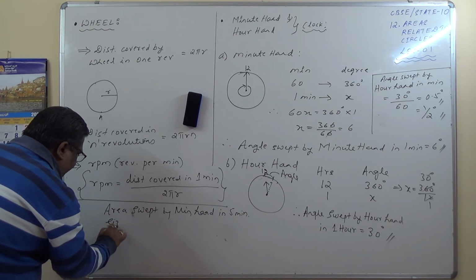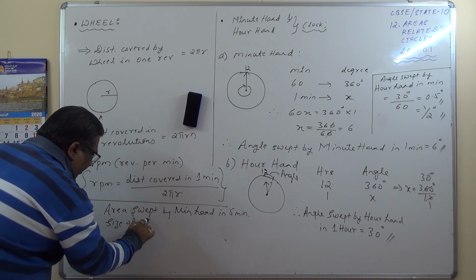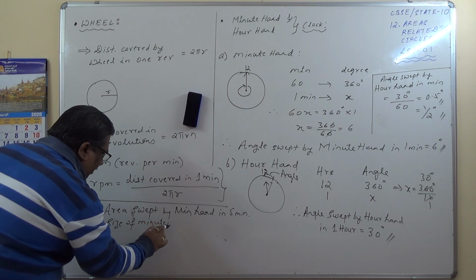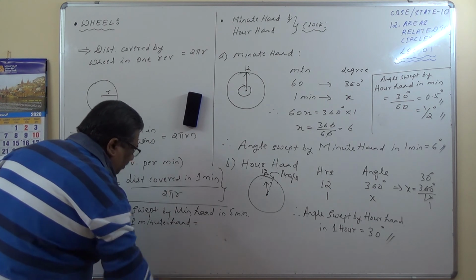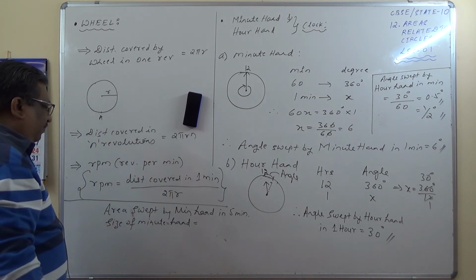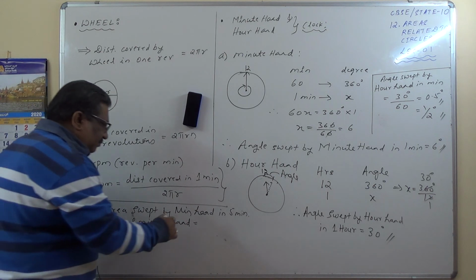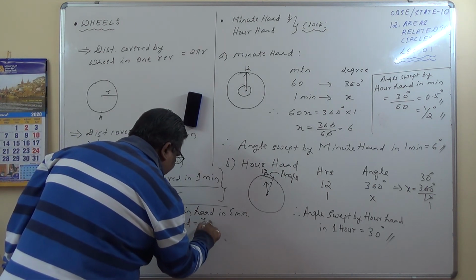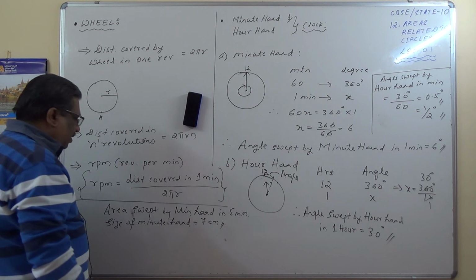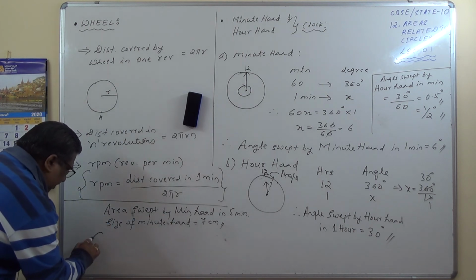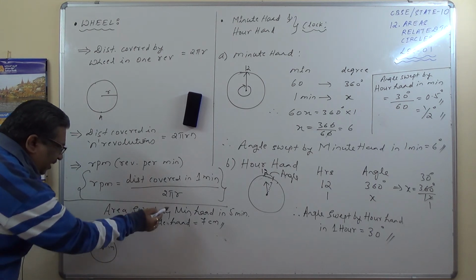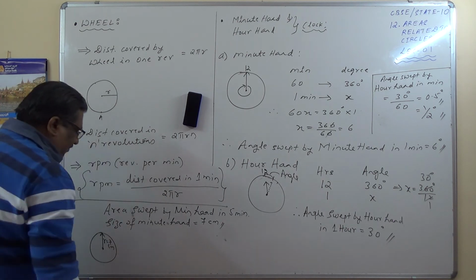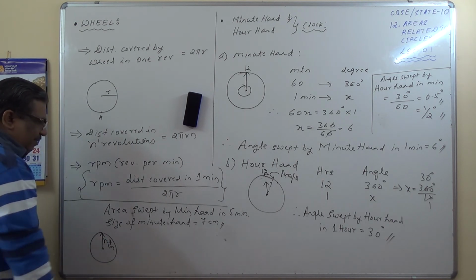Size of minute hand is equal to how many centimeters can we take it? 7 centimeters. So the question here is, it goes like this. We have a clock here and this is the minute hand, r equals 7 centimeter, because size of the minute hand means it is radius. Radius of the minute hand is 7 centimeter.